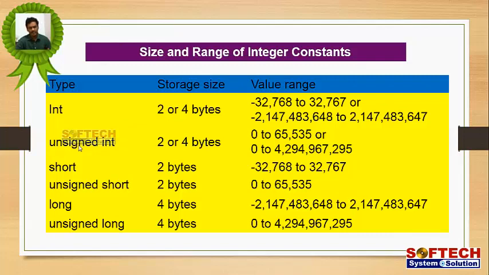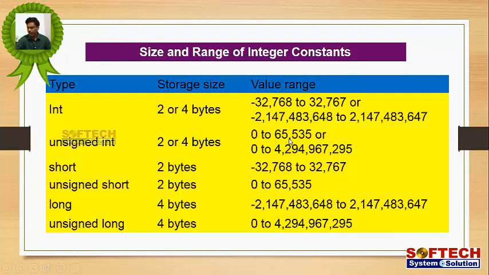We use unsigned for variables that handle unsigned values like age, roll numbers, serial numbers. It is 2 or 4 bytes: in old compilers it is 2, in modern processors it is 4 bytes. The range starts with 0 because there are no negative values.